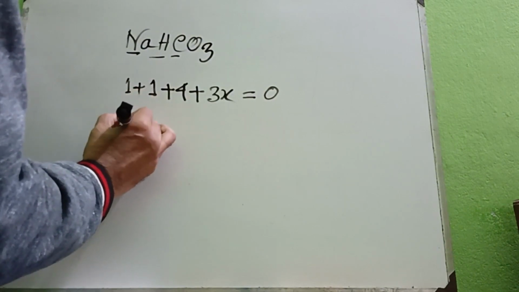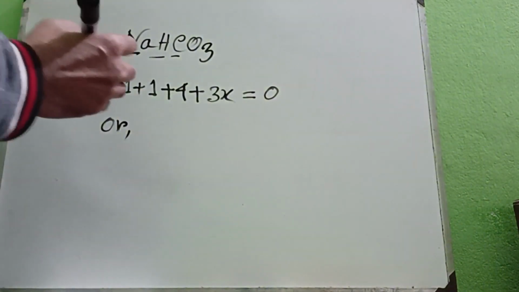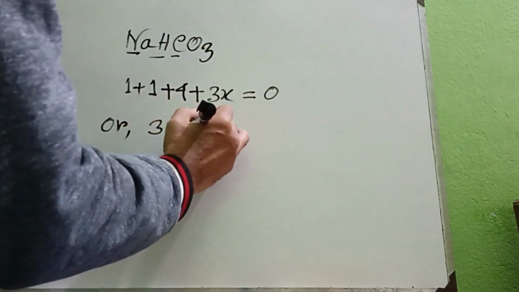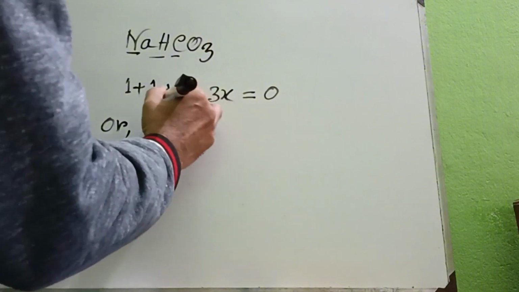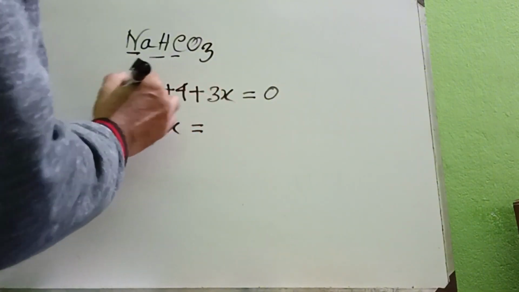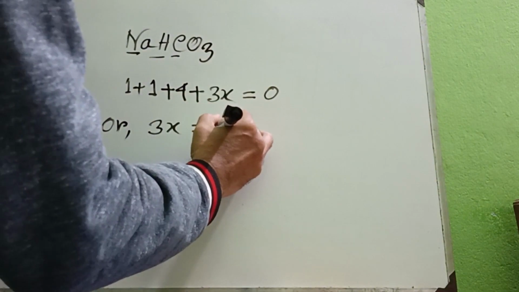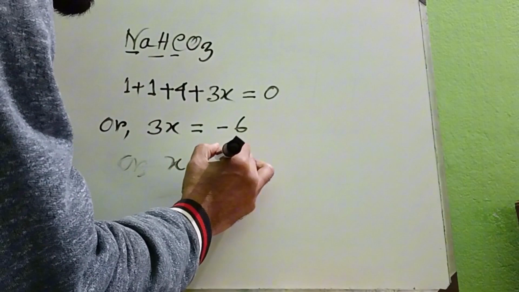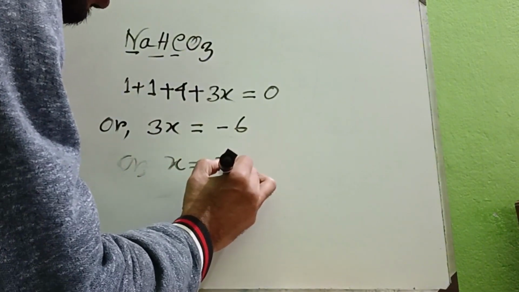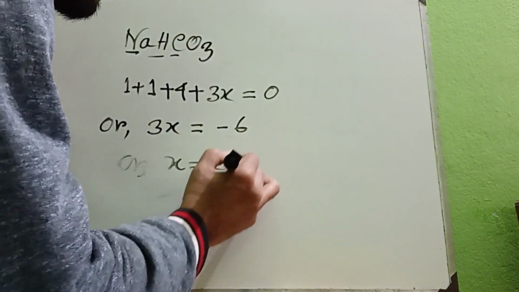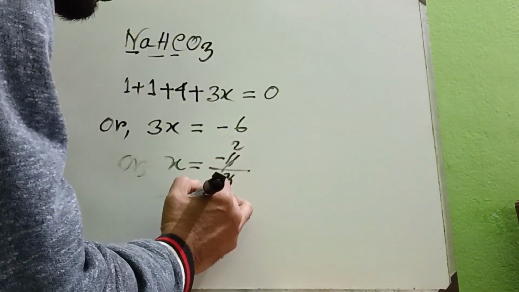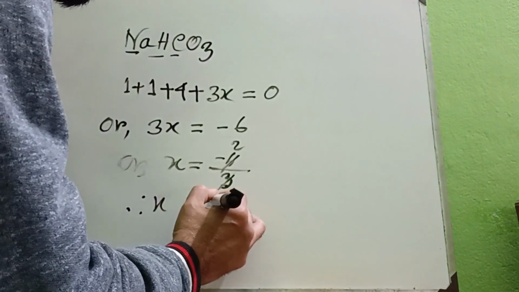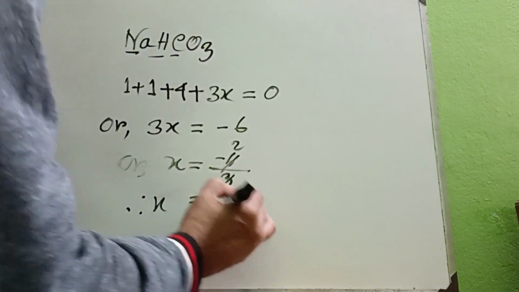Or 3X equals to 4, 1, 1, negative 6. X equals to negative 6 upon 3, therefore X equals to negative 2.